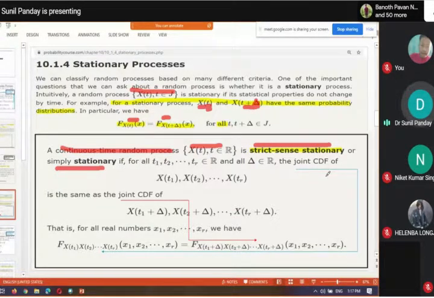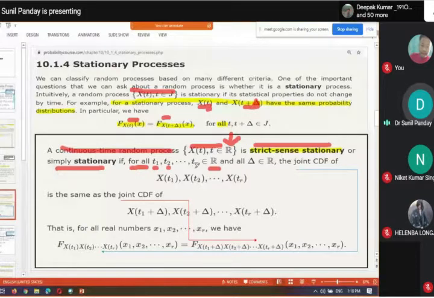Either I say strict sense stationary or simply stationary, both have the same meaning. And here the phrase "for all" is important: for all t1, t2, ..., tr belonging to R. So what is R here? R is the set of real numbers, and it can be any index set; you can take that also.